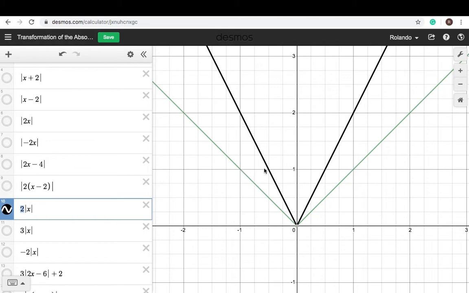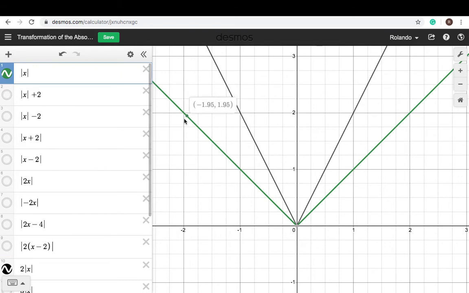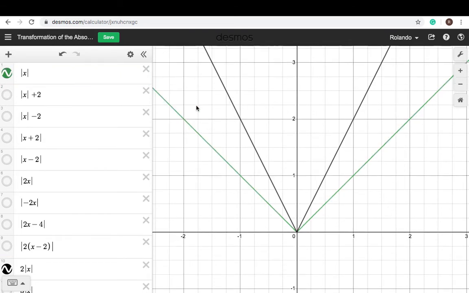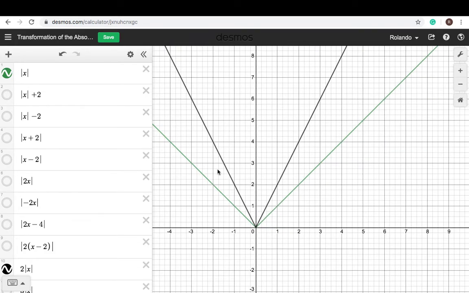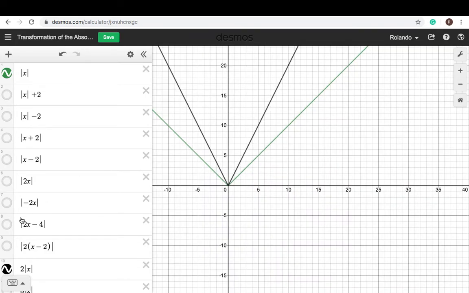So originally your y is 1, then you double it. Originally here y is 2, then that should become 4 for this line, and so on. So we double the y value of the parent function. So if you have 10 here, for the blue line, it should be 20. The same is true for the other side of the quadrant.